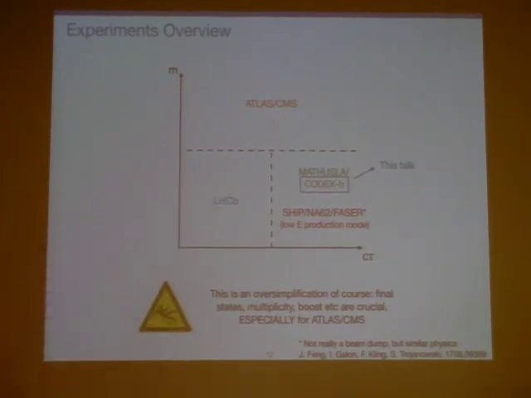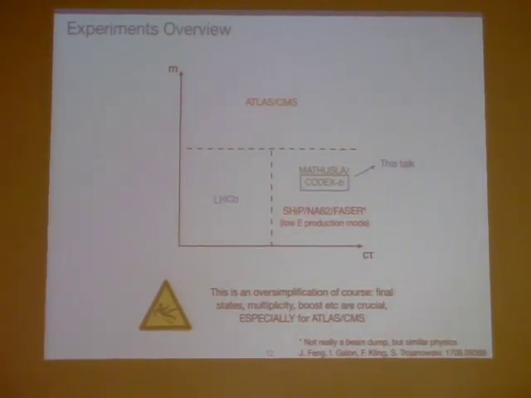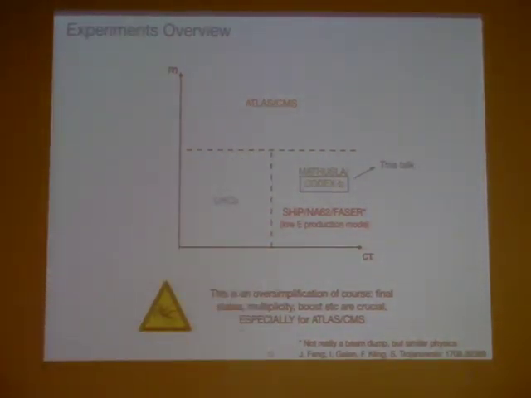LHCb does really well for long-lived particles that are relatively short-lived, of the order of several centimeters, less than a meter essentially, and they can go to rather low masses, of the order of hundreds of MeV, because it has exquisite vertex resolution. And then finally, if you want to go to larger lifetimes, LHCb no longer works because particles decay outside the detector essentially.